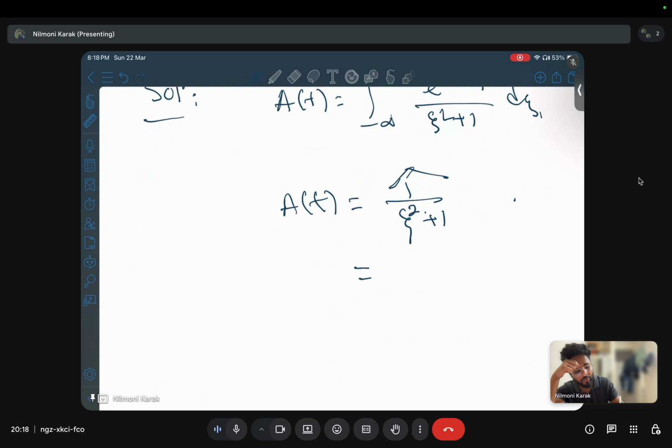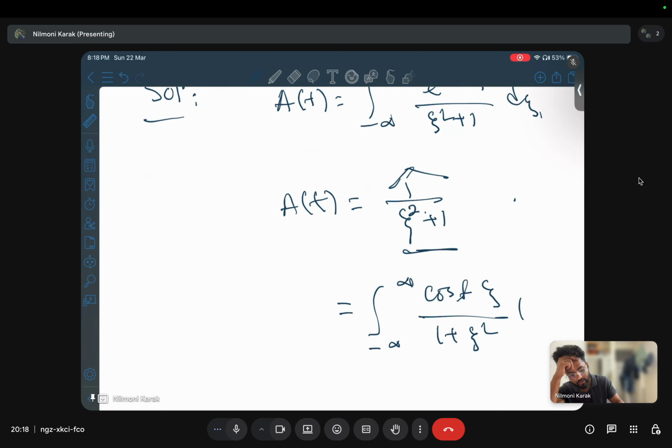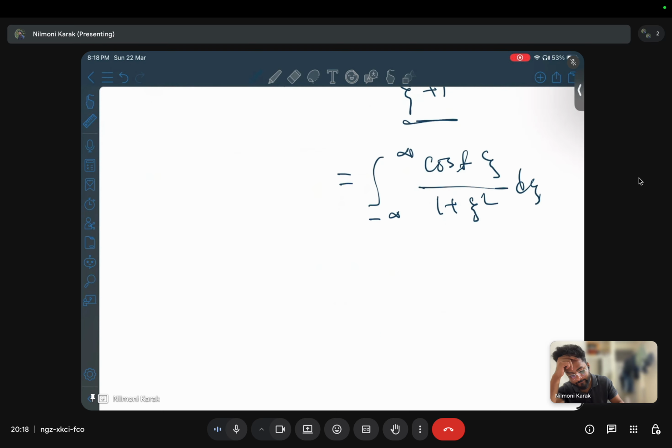And the Fourier transform of this is basically the integral from minus infinity to infinity of cos(tj) by (1 plus j square) dj. And this is actually pi times e to the power minus mod t.